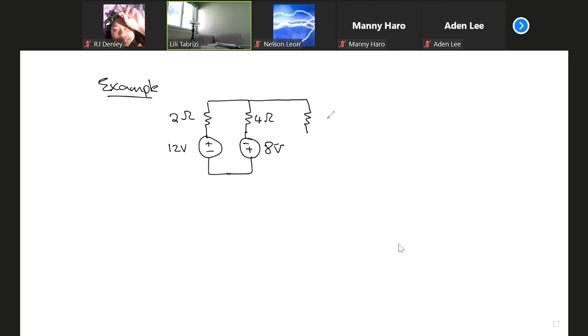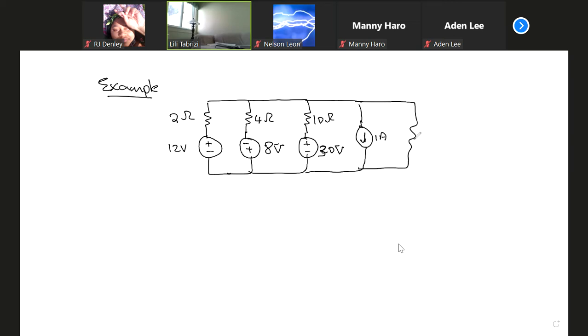Then there was 10 ohm, 30 volts, sorry. Then there was a current source going down, 1 amp, and then they have a resistor here, 2 ohm. And the question is, find this.